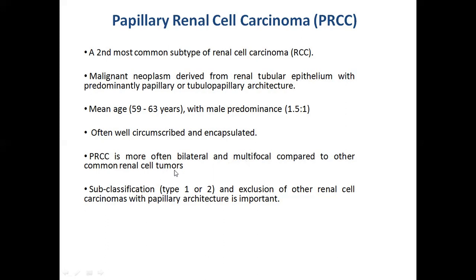They are further subdivided into type 1 and type 2, and these commonly have a different molecular origin, and they commonly have different survival and prognosis as well. And there are some tumors which can also have a papillary type of architecture, so we have to pay extra attention to those types of tumors.